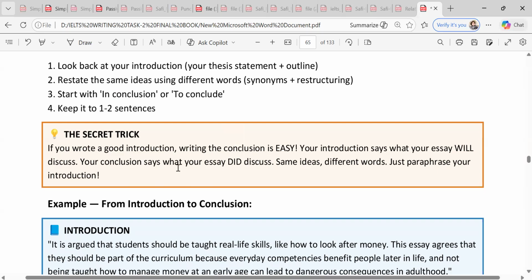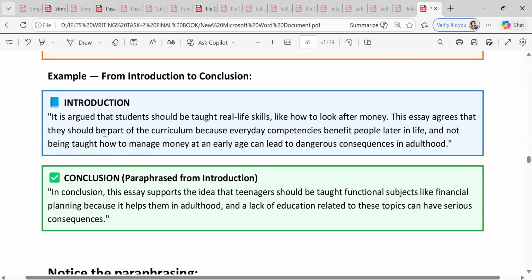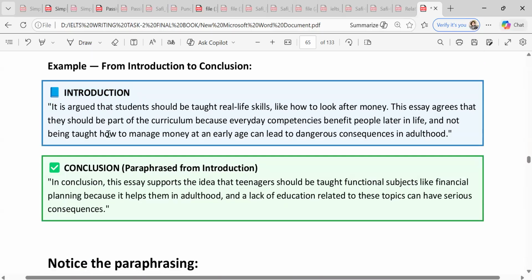Just paraphrase your introduction. Let's take an example. This is my introduction part. It is argued that students should be taught real life skills like how to look after money. Now, this is the statement. This essay agrees that they should be part of the curriculum because everyday competencies benefit people later in life, and not being taught how to manage money at an early age can lead to dangerous consequences in adulthood.